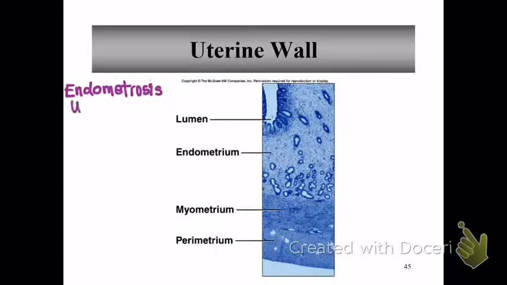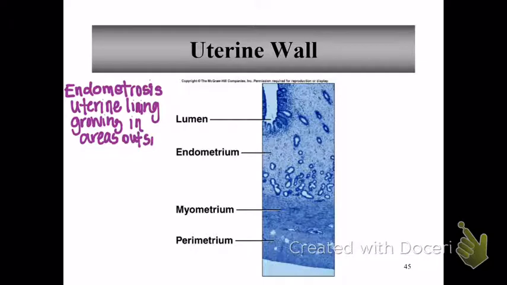Endometriosis: uterine lining growing in areas outside the uterus. Okay, so endometriosis is the uterine lining growing in areas outside the uterus.